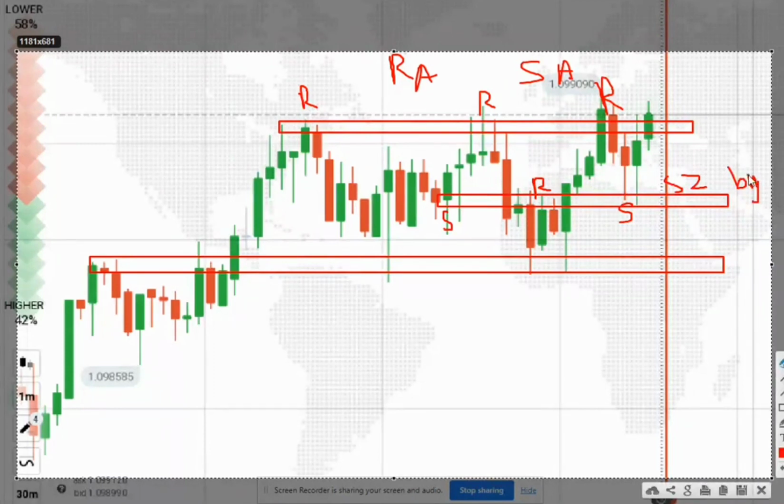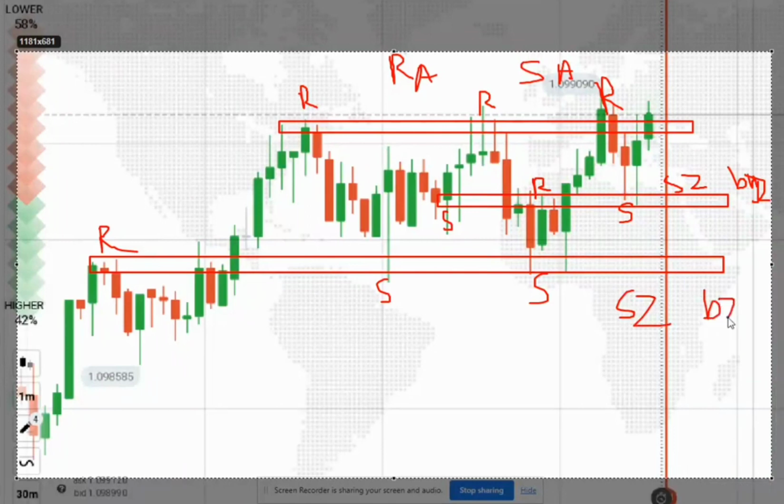Here also, the combination of resistance level, support level, and support level gives us a support zone as well, also known as the bias zone.